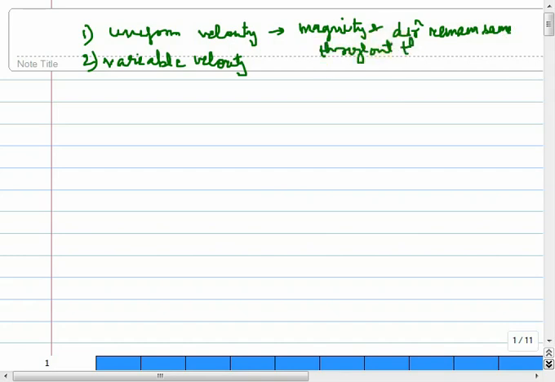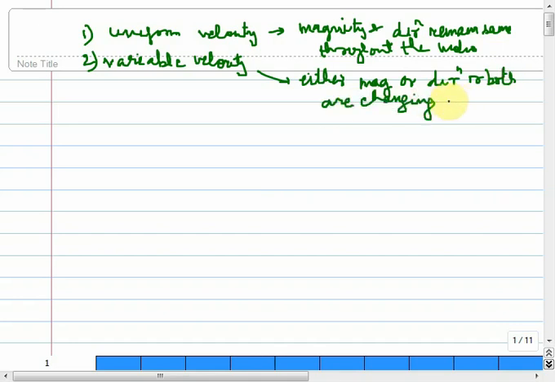However, for variable velocity, either magnitude or direction or both are changing with respect to time. This is called variable velocity.